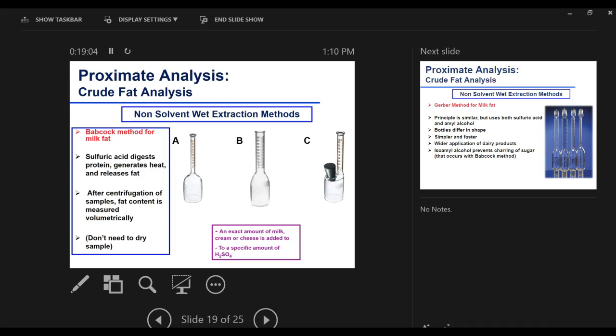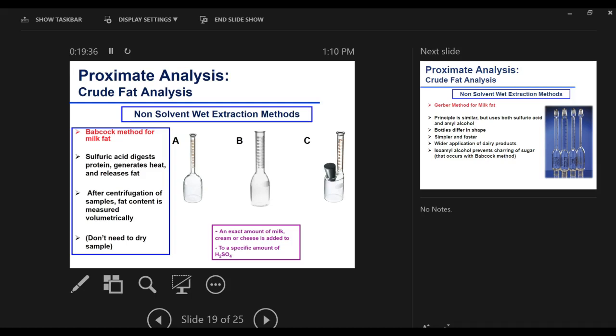What happens is the concentrated H2SO4 is going to digest the sample and generate heat. So your protein and carbohydrates are being digested, and they remain in the aqueous compartment. And your fat, because of the heat, will be solubilized, and it will rise to the graduated neck here, because fat has lower density than your aqueous phase, so it will be on top.